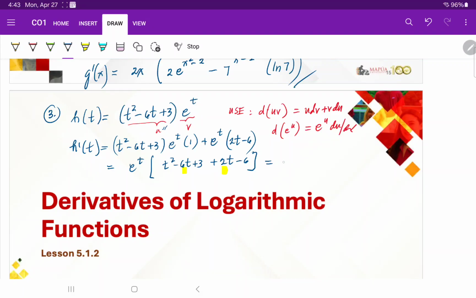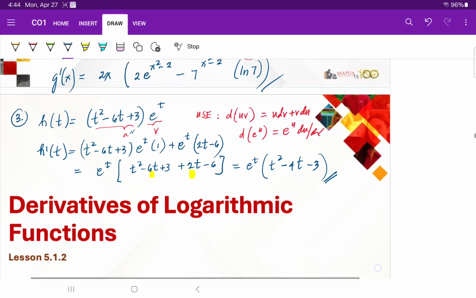So therefore, this is now e to the t times t squared minus 4t, and negative 6 plus 3 is negative 3. So this is the simplified form. Okay, so that's number 3.